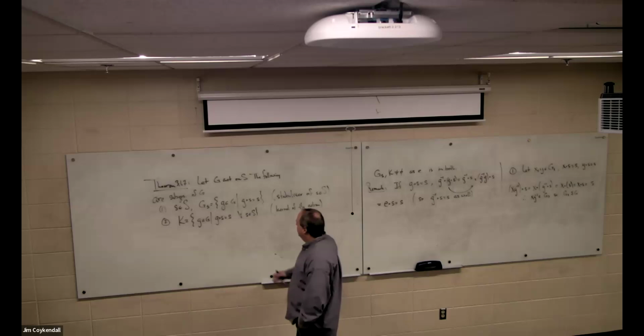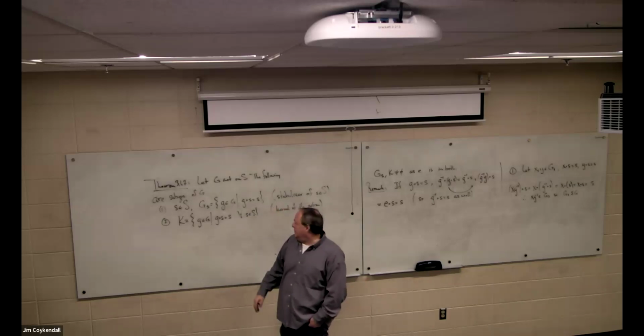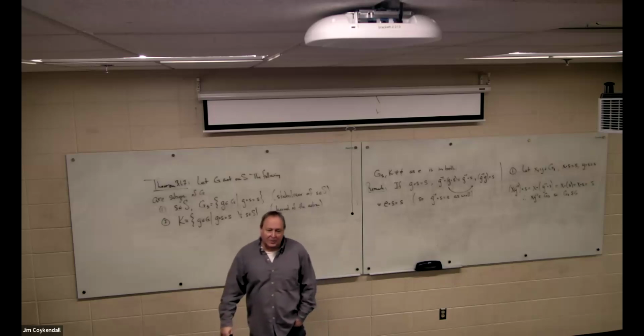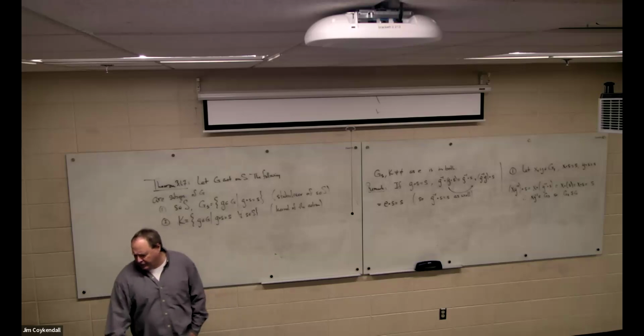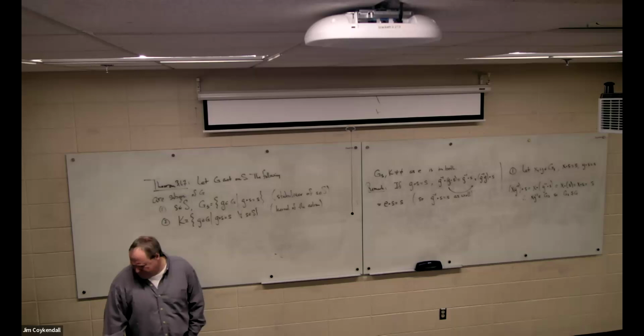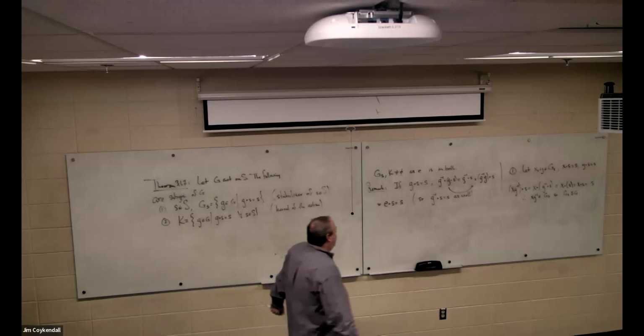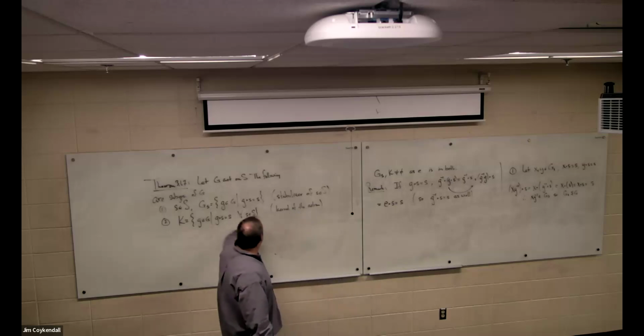The proof that the kernel of the action is a subgroup is almost exactly the same. It's just now it's for all S, right? So the kernel of the action is also a subgroup. Any questions on that? All right, so keep this in mind.